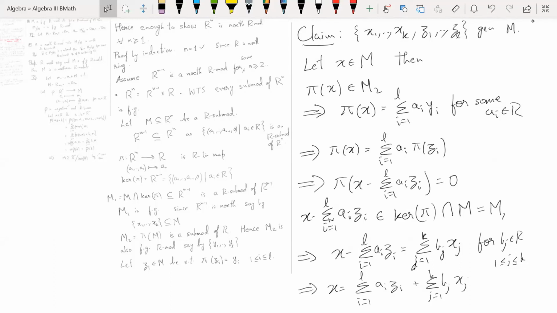This argument you can generalize to say that if the submodule is Noetherian and the quotient is Noetherian, then the module is Noetherian. Let me just think. Yes, this looks okay. This is the argument basically, right? Yes, sir, it's more or less similar. It's the same argument, so you can use the same argument to say that.